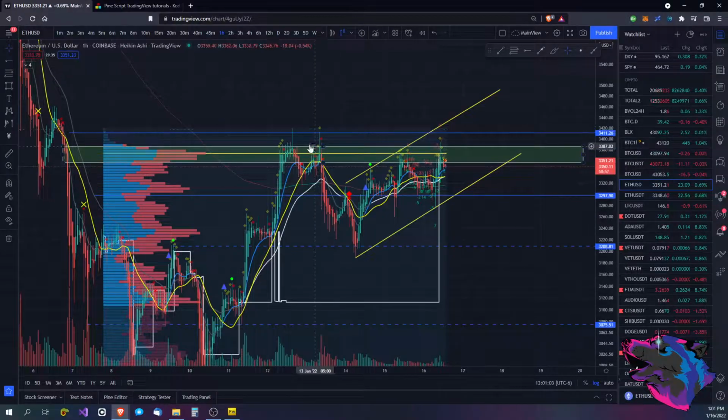If we're breaking through, you'll notice it's all wicks above here. No candles closed above here. So if you're in a trade and you're breaking out of this range, out of this box, you're getting close. You're looking to cut the trade.